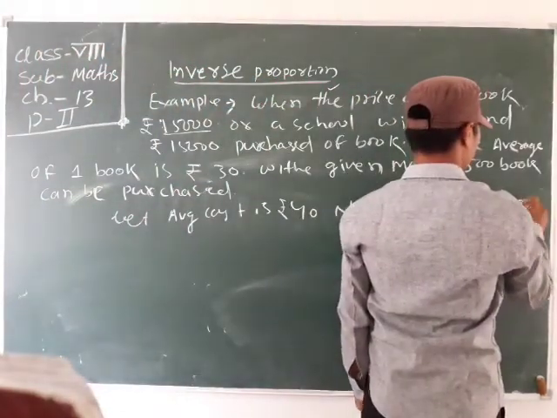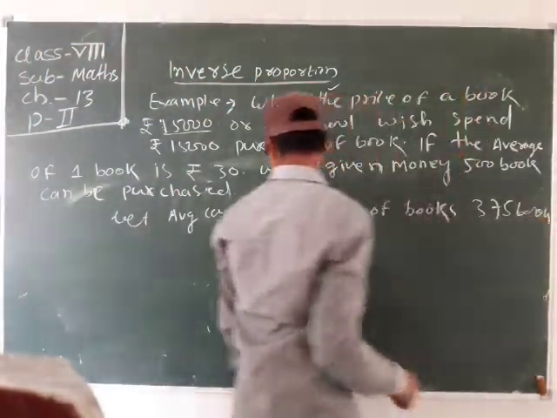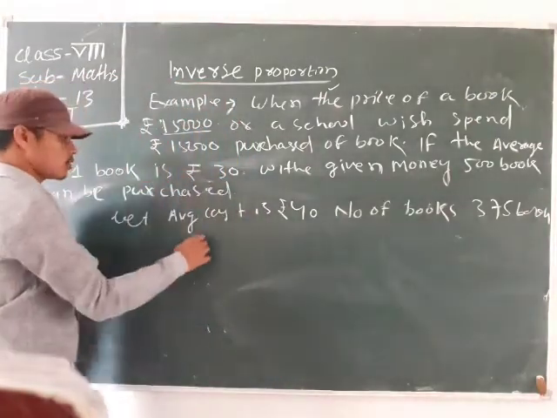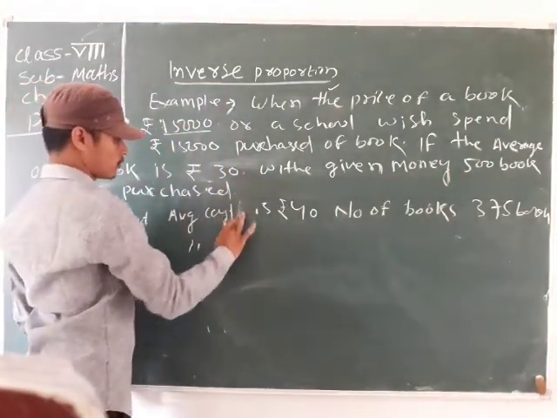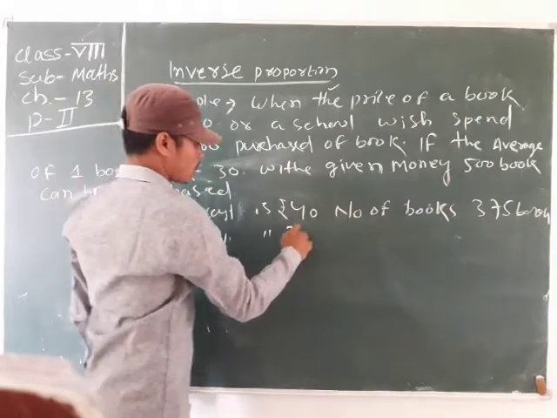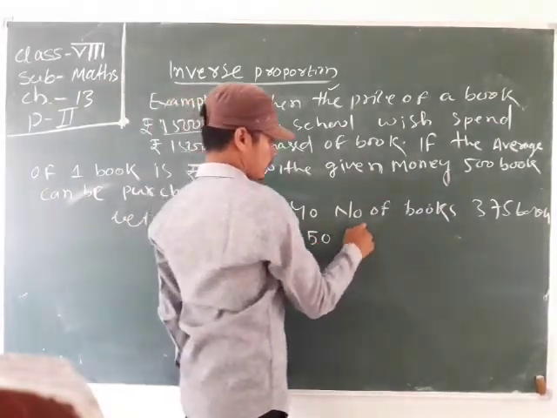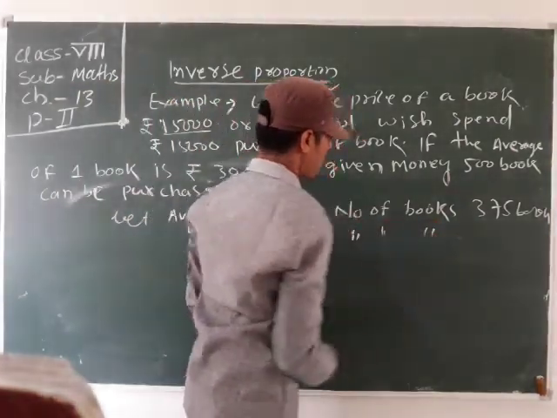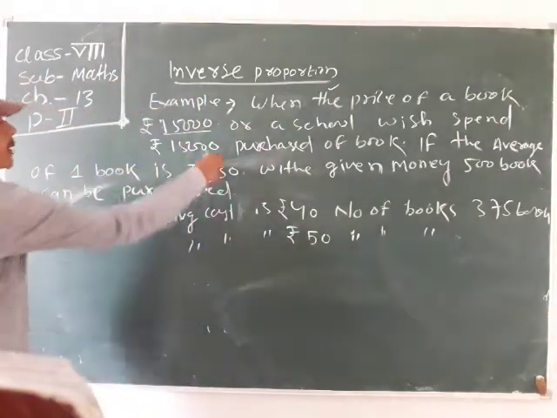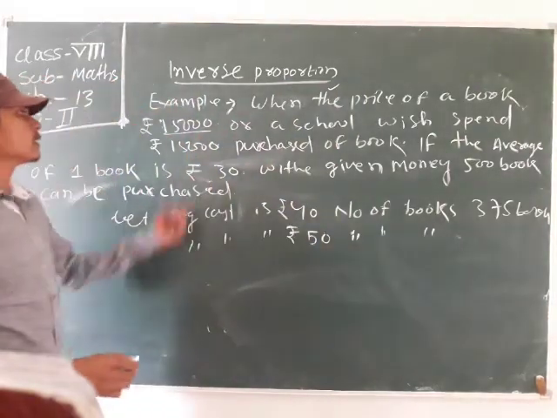If the average cost is rupees 50, then how many books are purchased? 15,000 divided by 50 is 300, so 300 books.